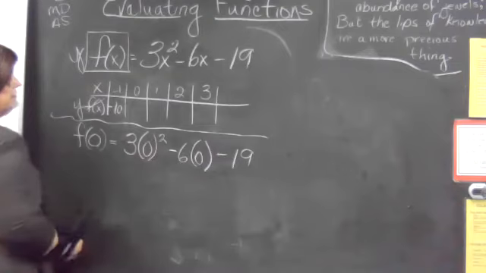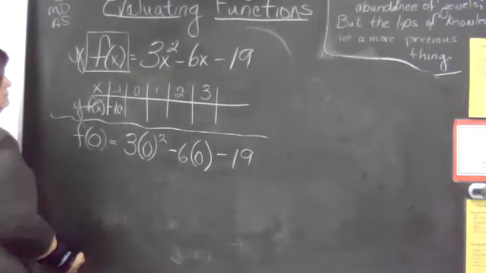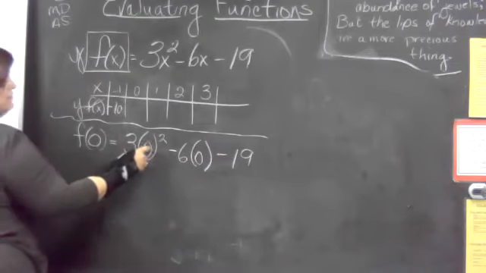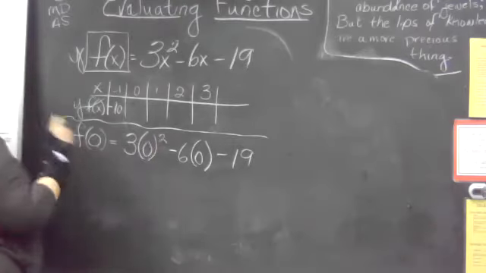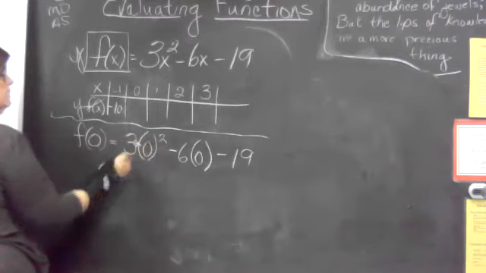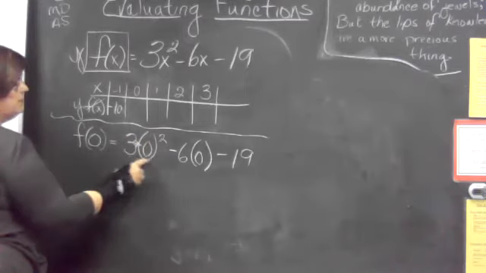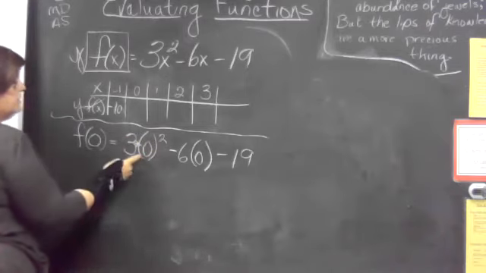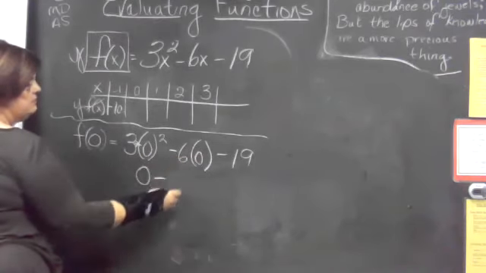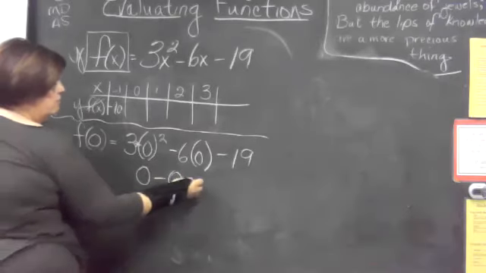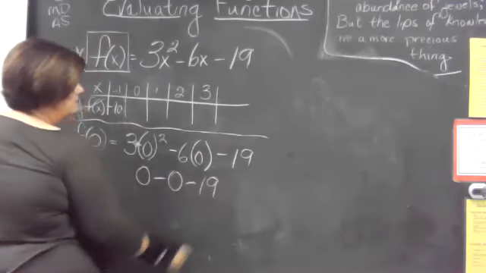Okay, no parentheses, but we have an exponent. 0 squared is going to be 0. And let's move on to the multiply. So I've got 3 times 0. 3 times 0 is 0. Minus 6 times 0 is 0 minus 19.